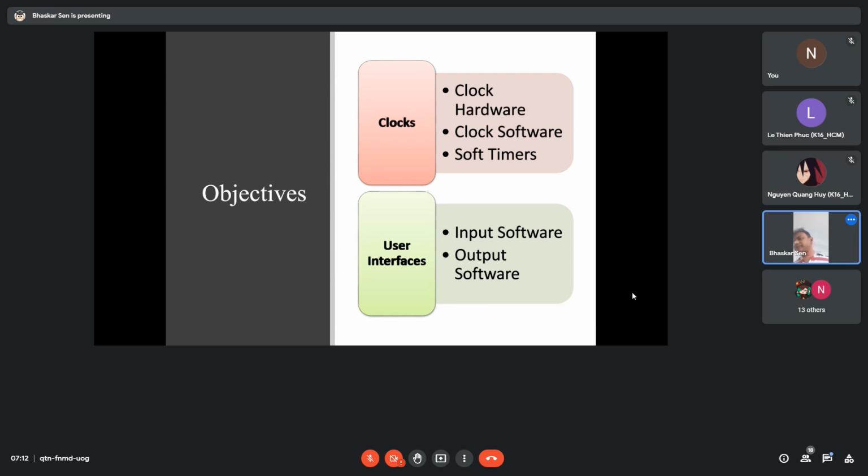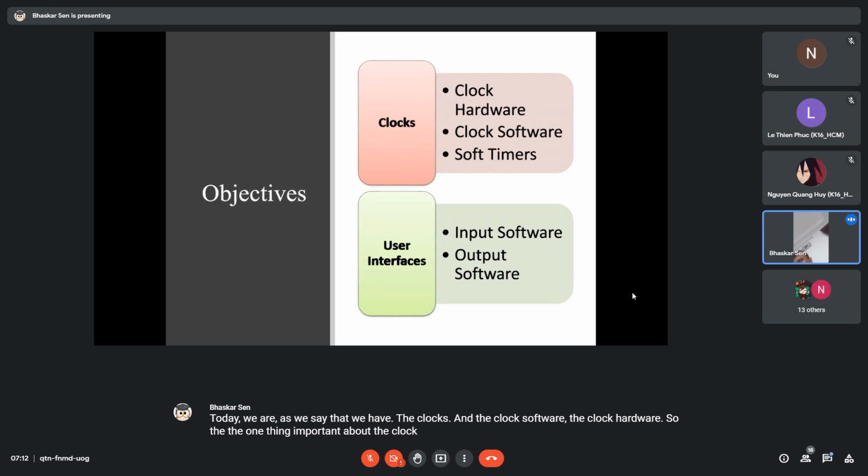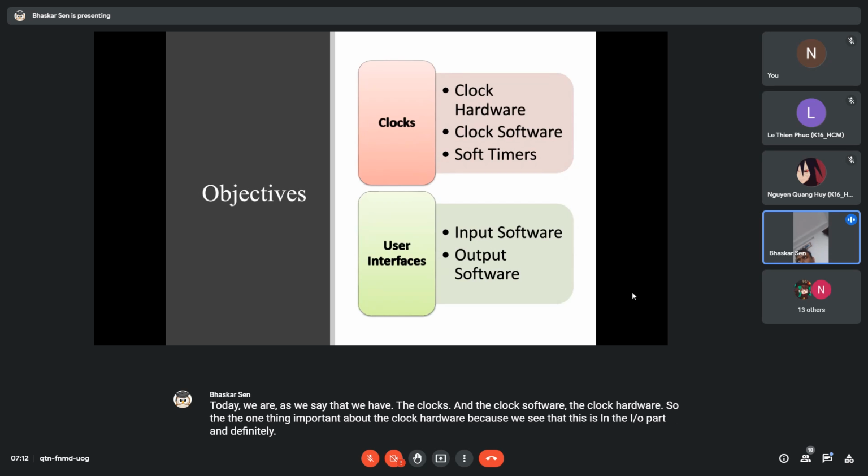So there we are. As we said, we have the clocks and the clock software, the clock hardware. The one important thing about the clock hardware is that this is in the I/O part, and it is an I/O device.